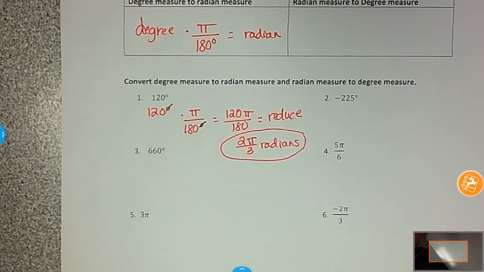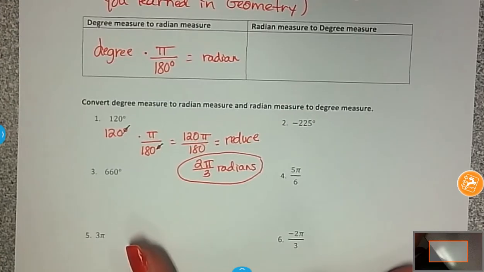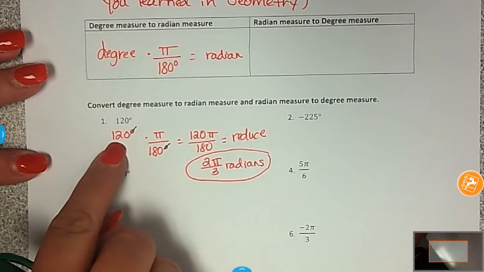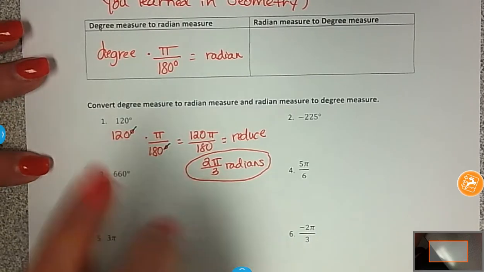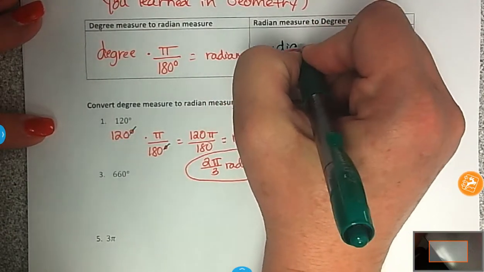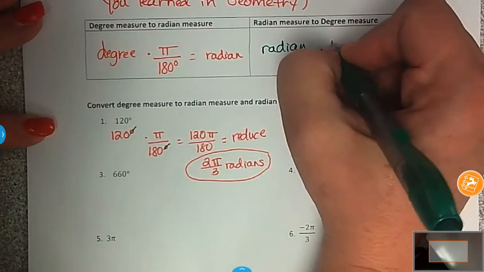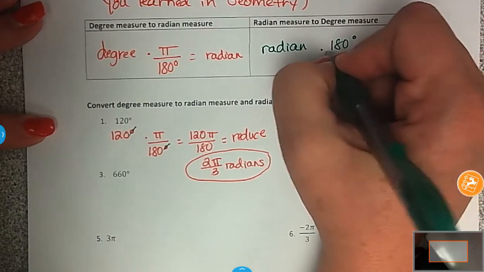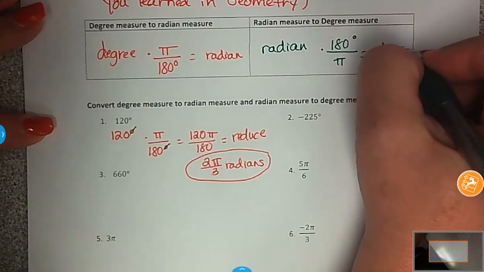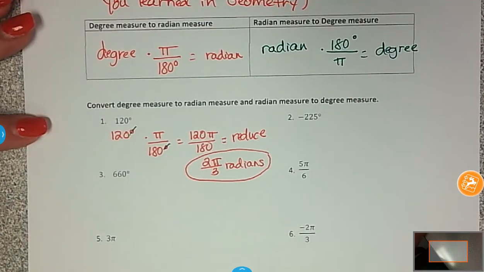I want to go ahead and talk to you now about how to convert, if you're given the radian measure, how to get back to the degree measure. So here is that formula. Radian times 180 degrees over pi equals the degree measure.